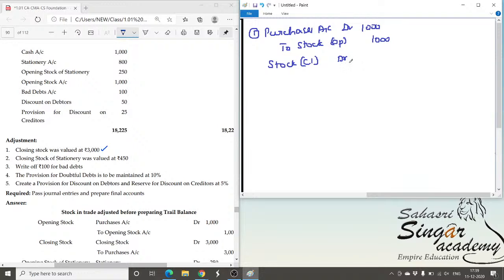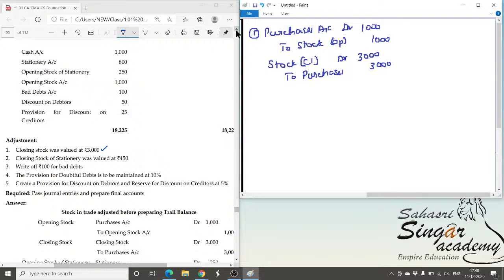Stock closing account debit to purchases. These two are adjusted in the purchases itself. The value being 3000 rupees. I pass the journal entries also for preparing the trial balance. Of course, you need not use these journal entries for preparing the final accounts. You can directly work that out also, no problem.